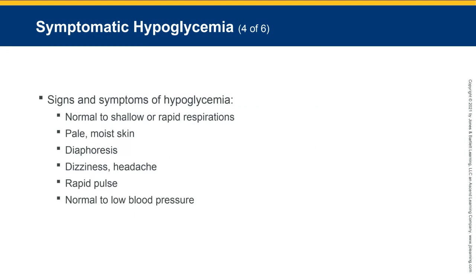Still on symptomatic hypoglycemia. Now, the signs and symptoms of hypoglycemia include normal to shallow or rapid respiration, pale, moist skin, diaphoresis, which simply means excessive sweating, dizziness, headache, rapid pulse, normal to low blood pressure.